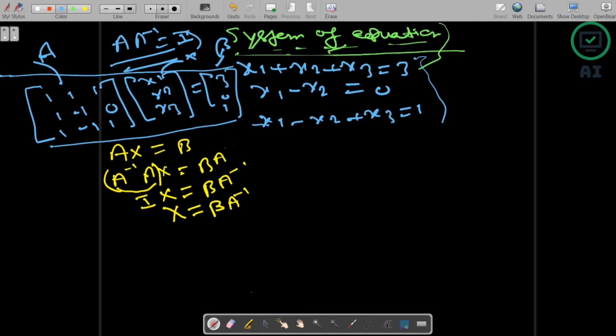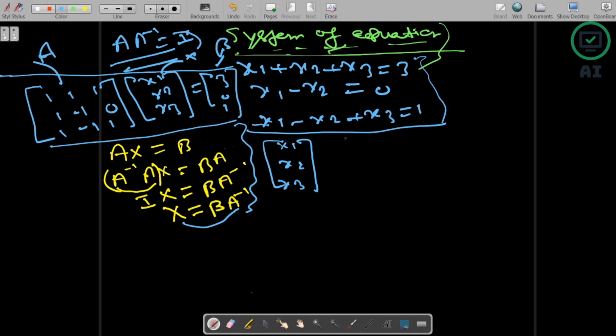So let's solve the equation now. X equals [x1, x2, x3], and I am writing in this format, the inverse of [1, 1, 1; 1, minus 1, 0; 1, minus 1, 0] times [3, 0, 1].